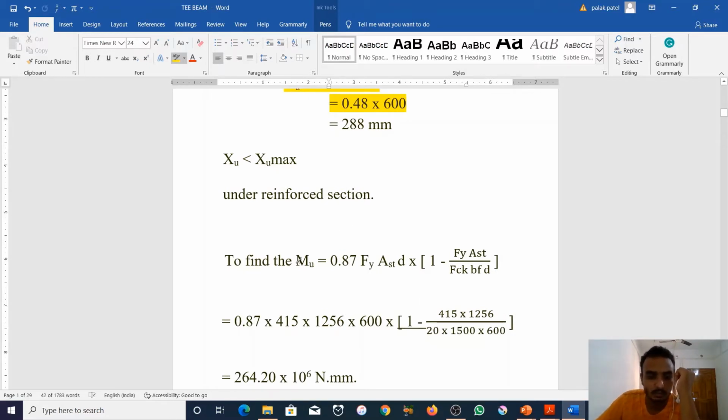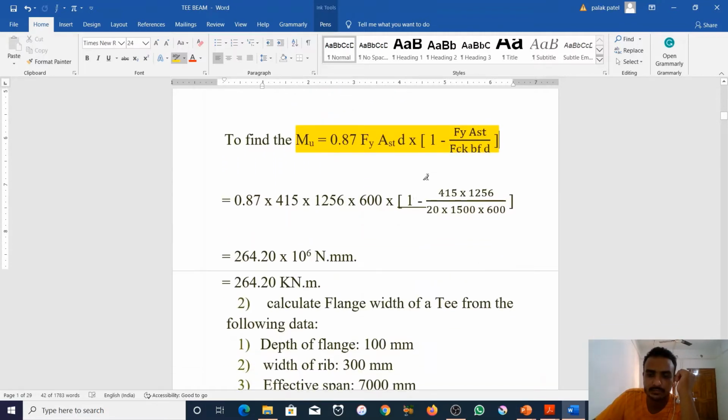Then we have the moment equation: 0.87 fy Ast d into 1 minus fy Ast upon fck bf d. Put all values: 0.87 into 415, Ast 1256, depth 600, fck 20, bf width of flange is 1500 and depth is 600.